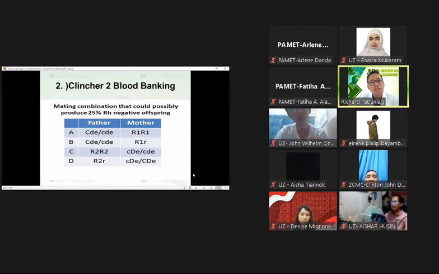Mating combinations that would possibly produce 25% Rh negative offspring. A, father is capital CDE, CDE. Mother is R1 capital. B, capital C, small letter D, small letter E, small letter D, C, small letter D, small letter E, capital R1, small r.